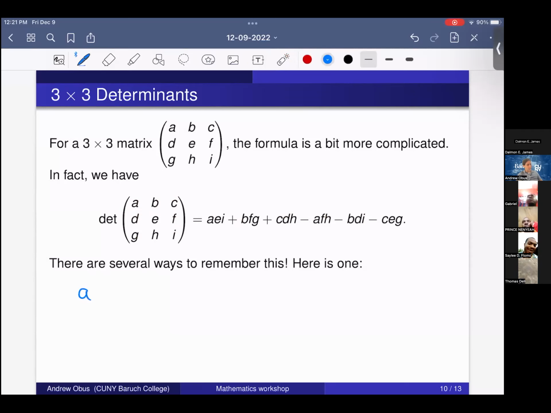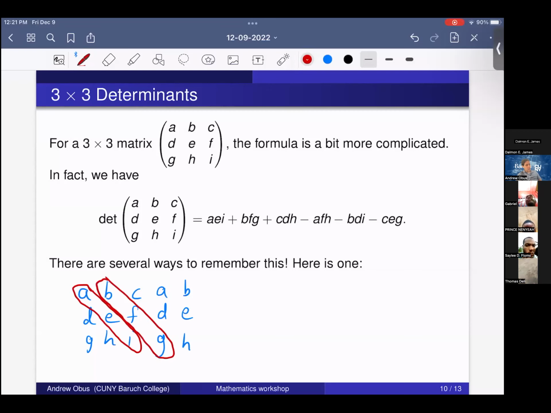If I write down the matrix A, B, C, D, E, F, G, H, I, then I'm going to write down the first two columns again. So A, D, G, and then B, E, H. I'm just going to repeat the first two columns. Then I'm going to draw all the diagonals that go in one direction, down and forward, and write little pluses there.